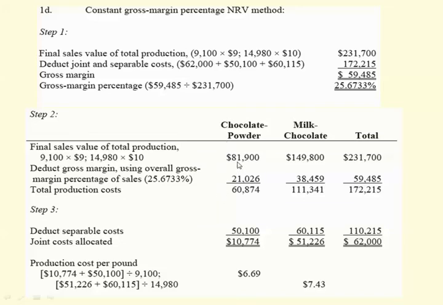Here, 81,900 is the final sales value of total production. Gross margin for chocolate powder product is 21,026. Final sales value minus gross margin will equal total production costs for the first product, 60,874.